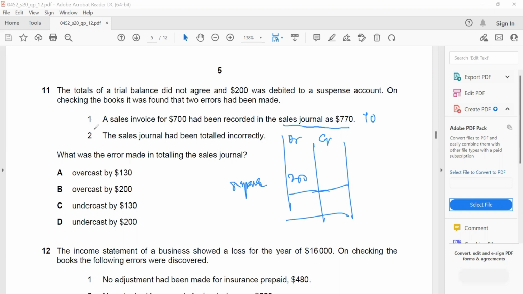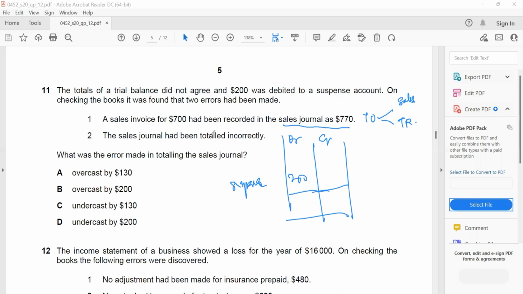Okay, now next is that we found these two errors made, which is the sales invoice has been overstated, wrongly recorded. So this affects the sales account and also the trade receivable account, because this is an original entry.